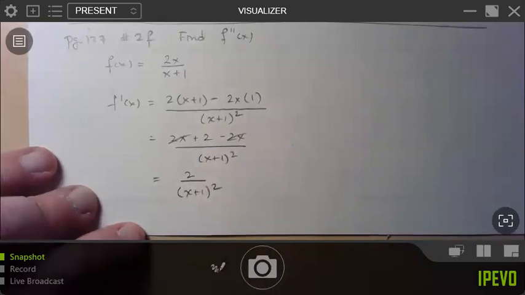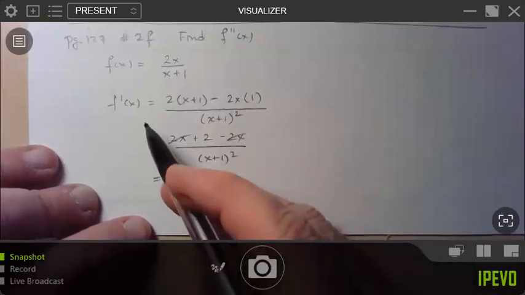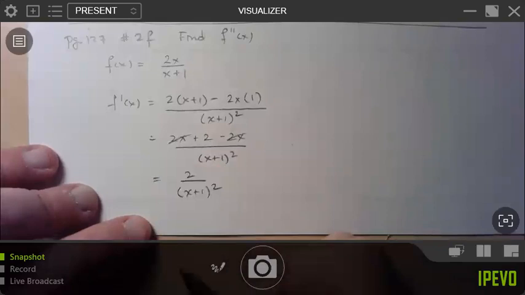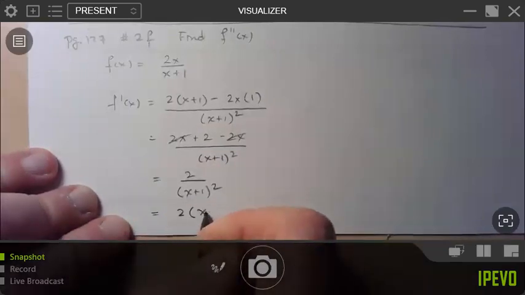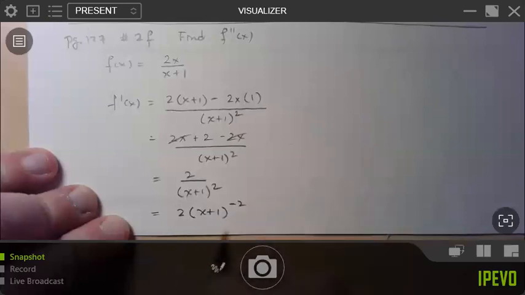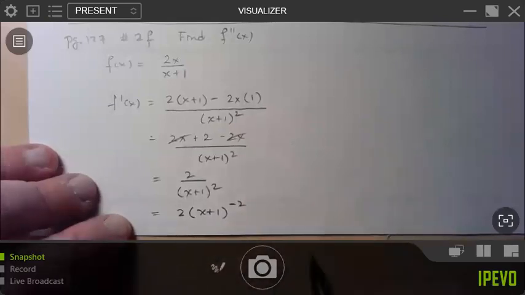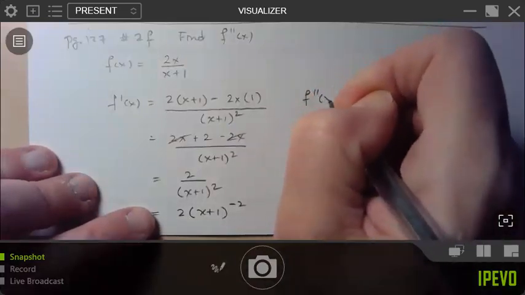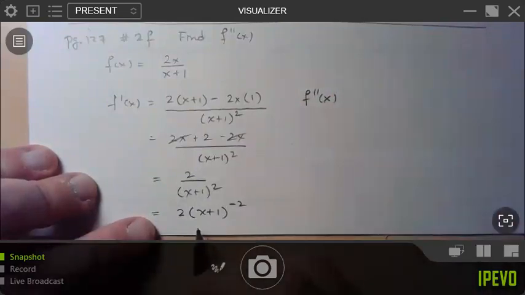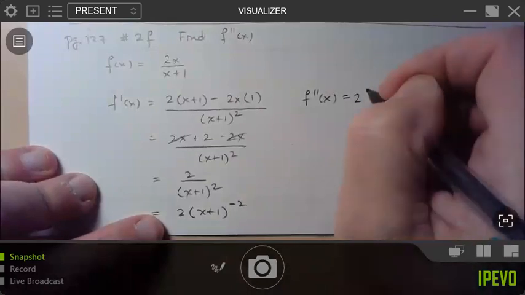All right. So in fact, it looks like my second derivative is going to be easier than my first derivative, because I'm just going to rewrite this as 2 times x plus 1 to the negative 2. So I'm not even going to have to use the quotient rule to find the second derivative. So let's do that here. The second derivative is just the derivative of the first derivative. So 2 is just a constant, I don't have to worry about that.